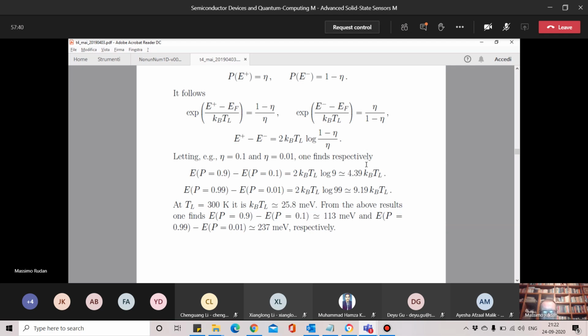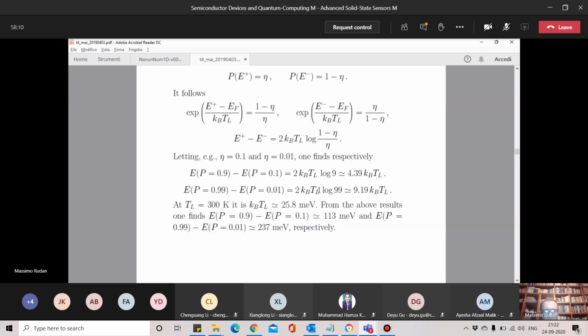These are small energies. If you consider the room temperature, so the room temperature is 300 Kelvin, and you measure the energy in electron volts, 1 kT is about 26 milli-electron volt.